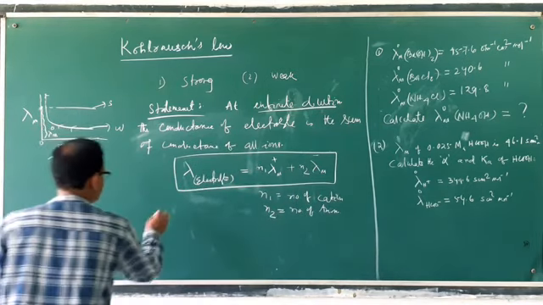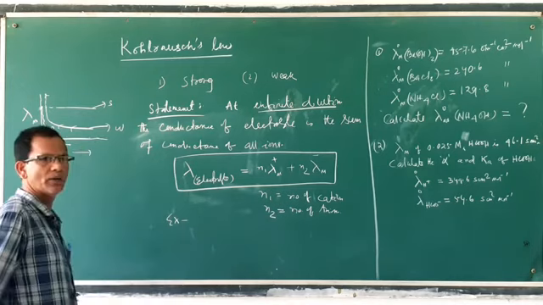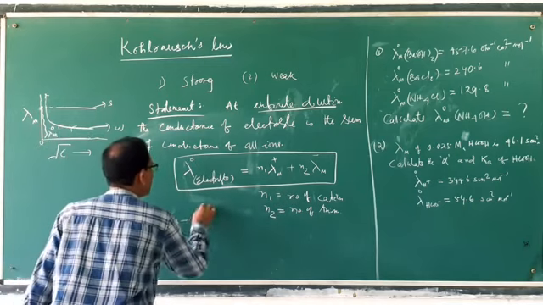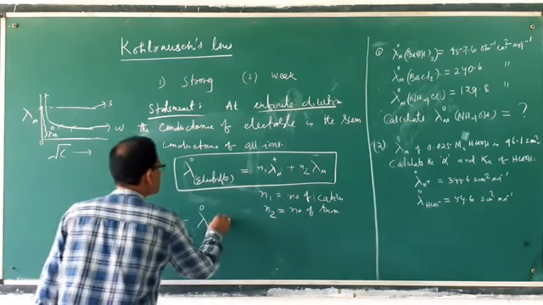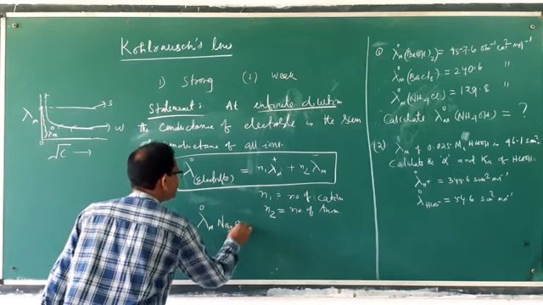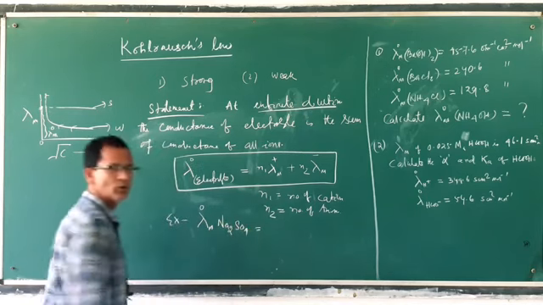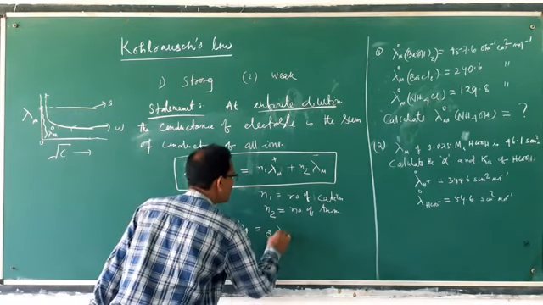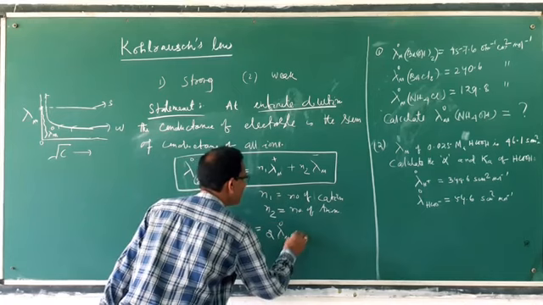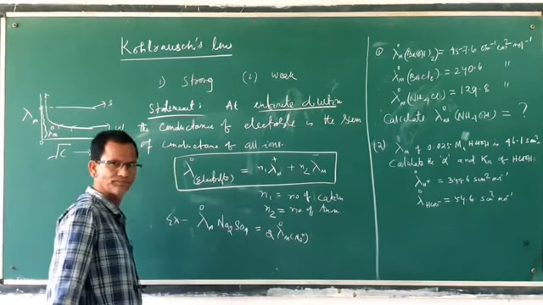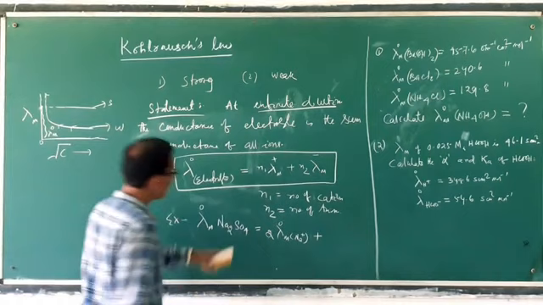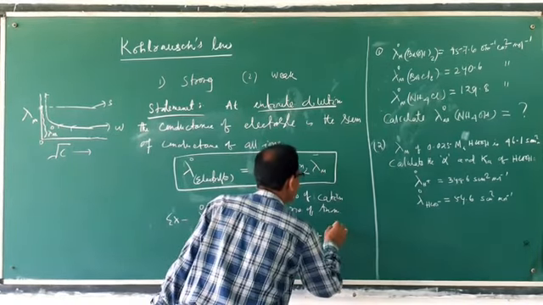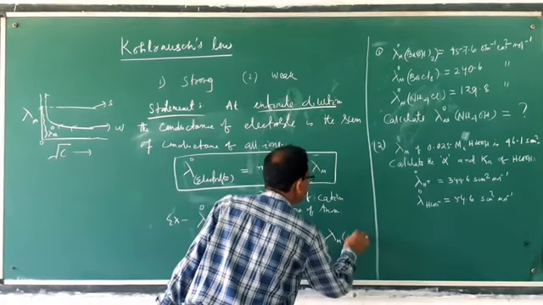For example, for the salt sodium sulfate, lambda m naught of sodium sulfate is equal to, as 2 sodium ions are present, 2 into lambda m naught of Na plus, as 1 sulfate ion is present in the formula, only lambda m naught of sulfate ion.